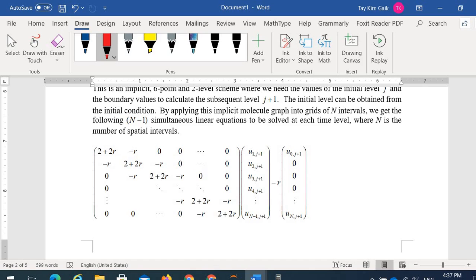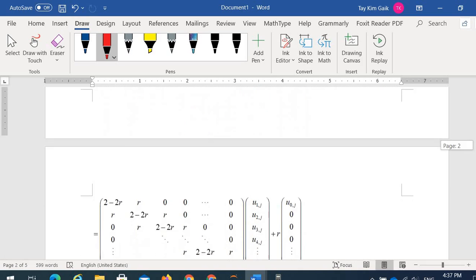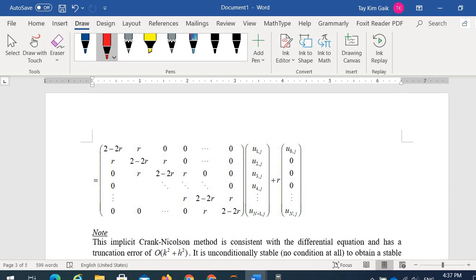When you apply the molecule to the grids, you notice your top level you got minus r, 2 plus 2r, minus r. When you apply to the grids, you get a tridiagonal matrix. This is a left side matrix equal to the right hand side. The bottom level of the molecule, remember you have r, 2 minus 2r, r.